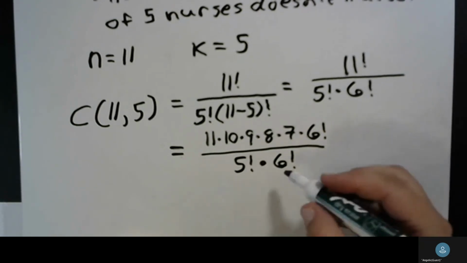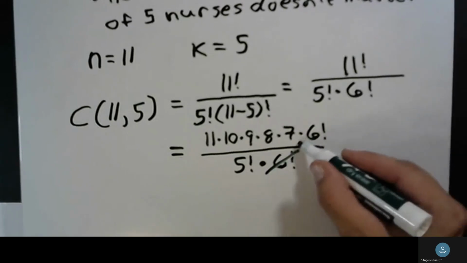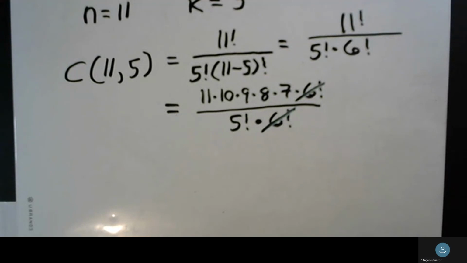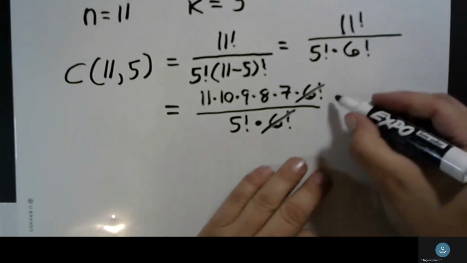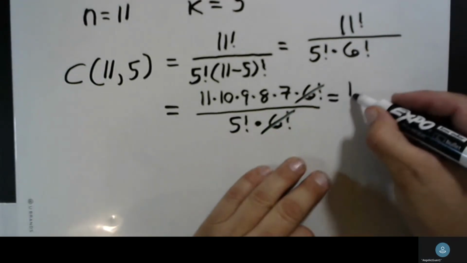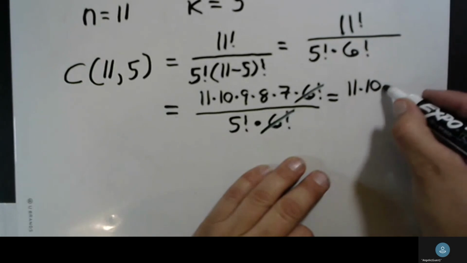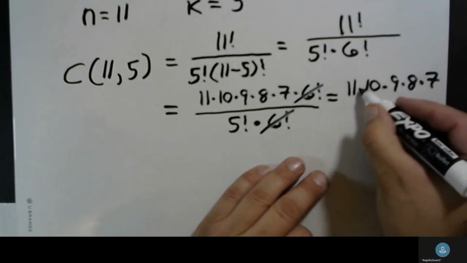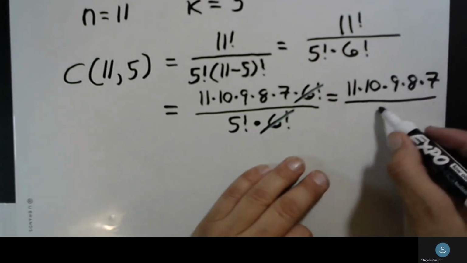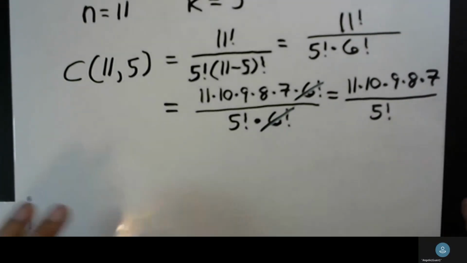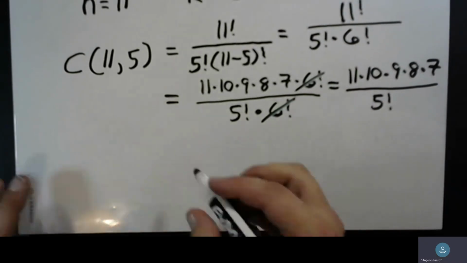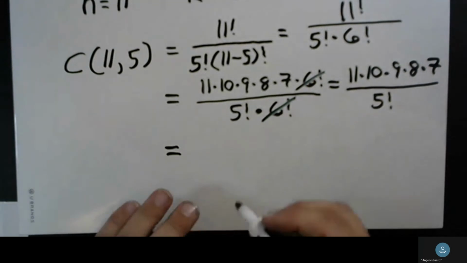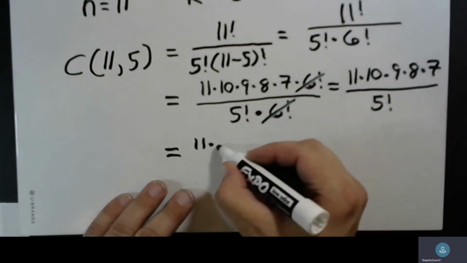And again, we can cancel those 6 factorials. We get 11 times 10 times 9 times 8 times 7. And so what that's going to come out to, we can expand this out.